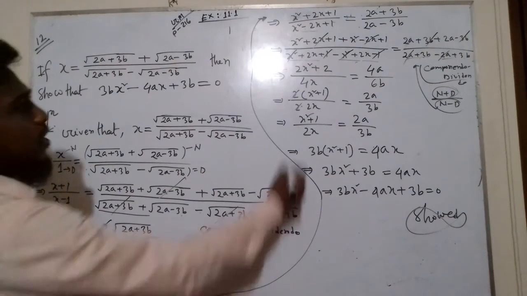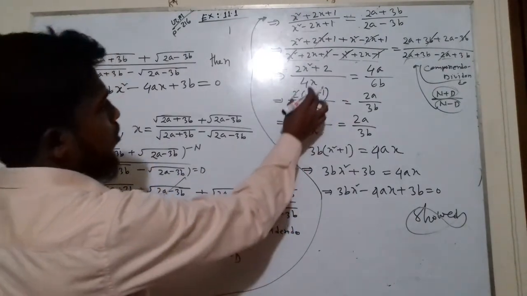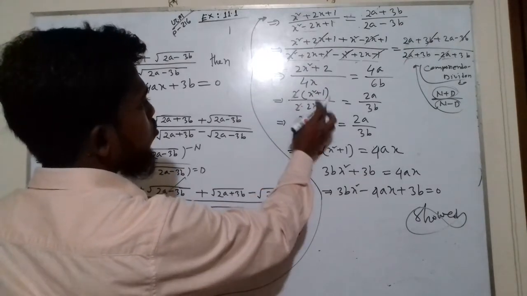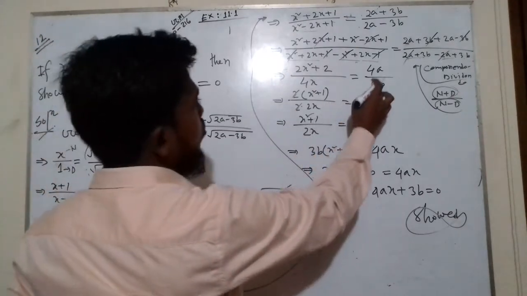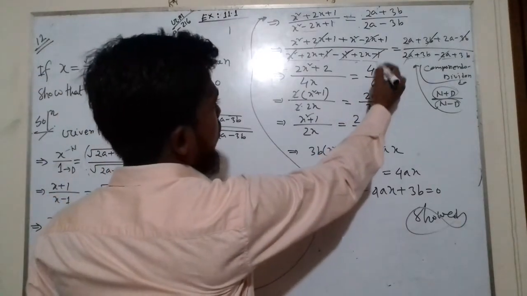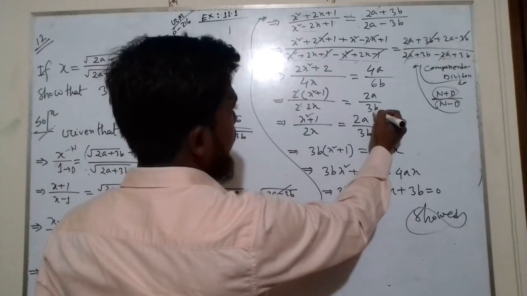Now taking common 2 from the numerator and denominator: 2 into (x square plus 1) divided by 2 into 2x. We can write 4x, this is 2 into 2x, equal to, if we divide numerator and denominator by 2, 2a divided by 3b.